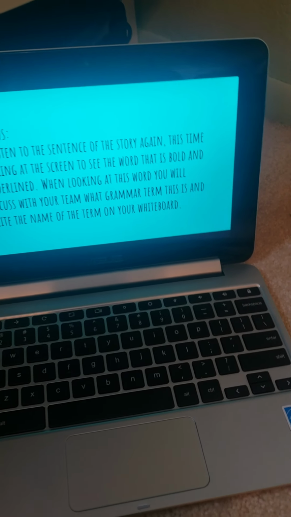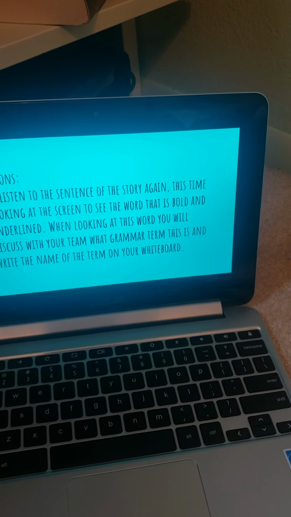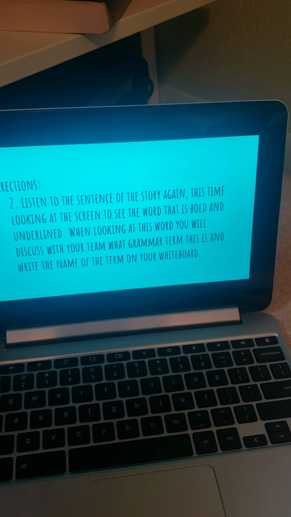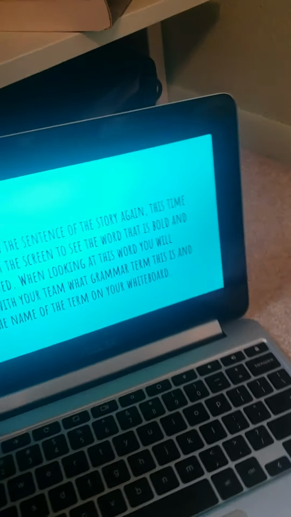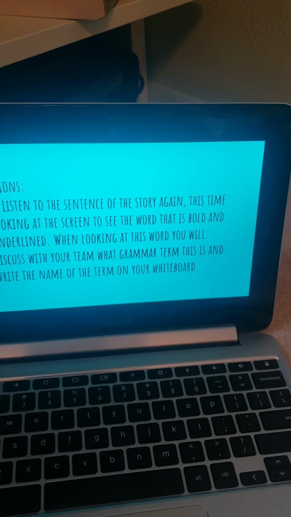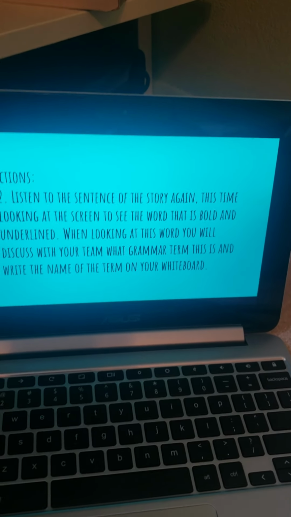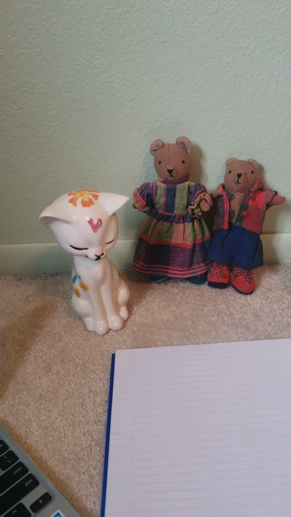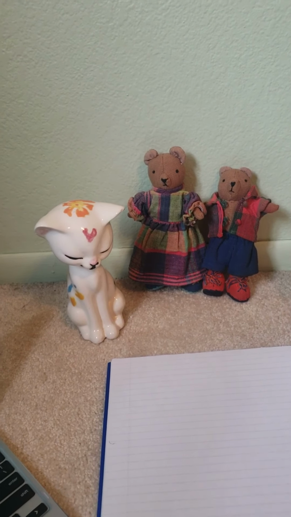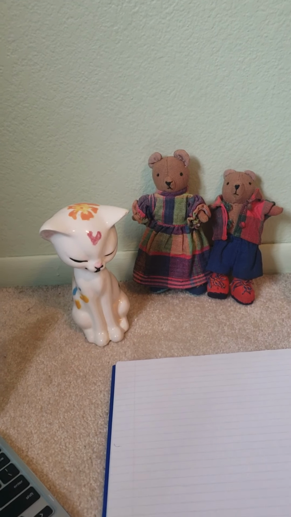The next time that I read through the story again, I'm going to show you the screen like this, and you're going to look for a word that is bold and underlined. When you look at this word, you're going to think, what grammar term did we just discuss, using those four: adverb, adjective, noun, and verb?